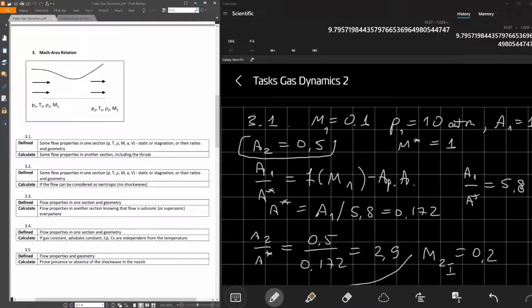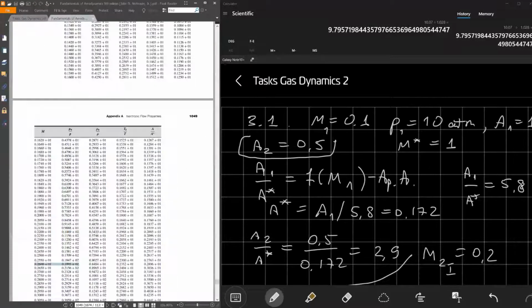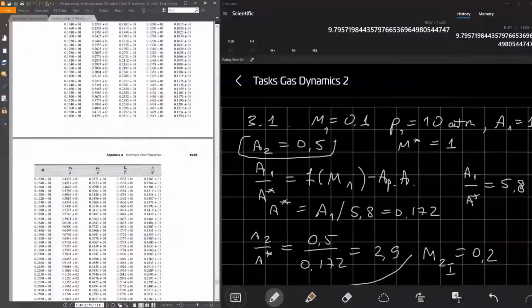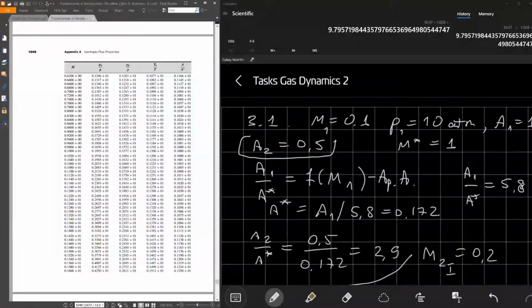Another point to calculate here was the calculation of flow properties in the throat. It is absolutely the same way as we did the calculation at any arbitrary point. We just need to find what the ratio is. Here we know that the Mach number in the throat is always equal to 1 if flow is isentropic, right?